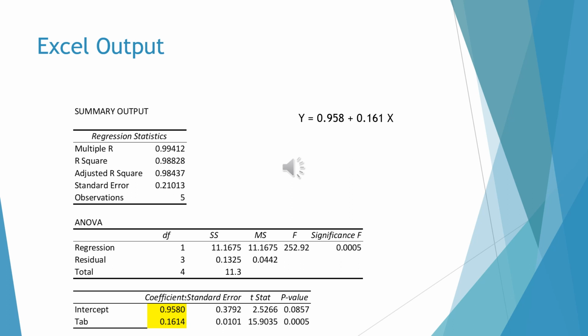Again, tab was our independent variable. Here, if you look at tab, you'll see .1614. What this represents is the slope. We're saying as the tab increased by $1, the tip went up by 16 cents.